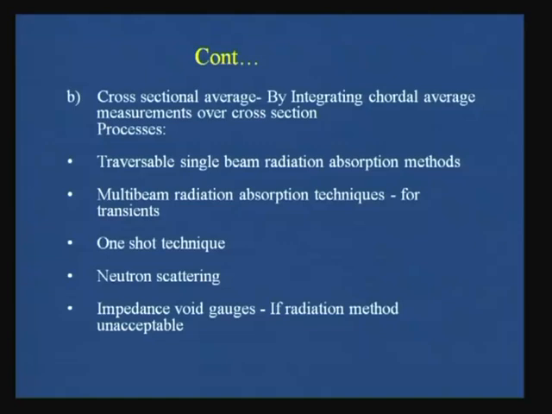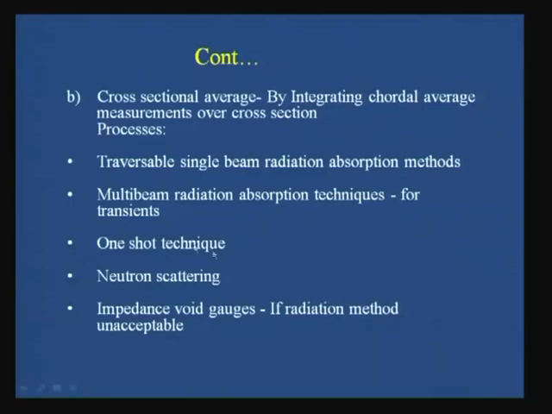Next is the cross sectional average void fraction. I have already discussed the different ways by which we can obtain the cross sectional average. It can be either by radiation absorption or by impedance techniques. We have to integrate caudal average measurements over the cross section, and I have already told you the different methods. Either we can traverse a single beam radiation or use a multi beam radiation at one time.